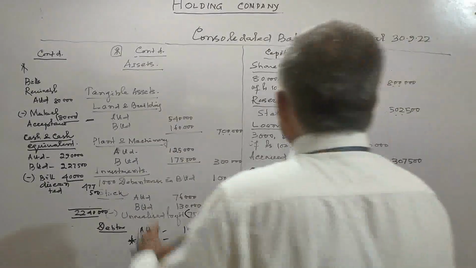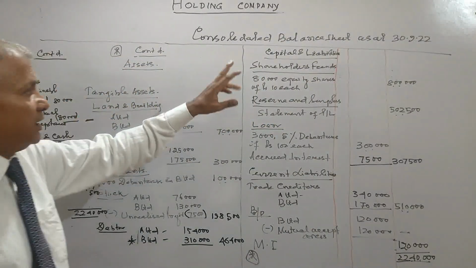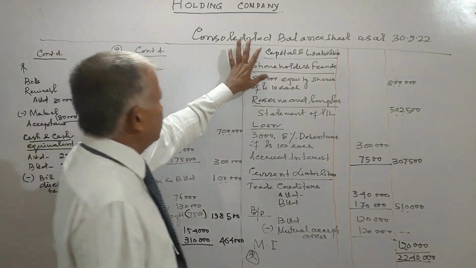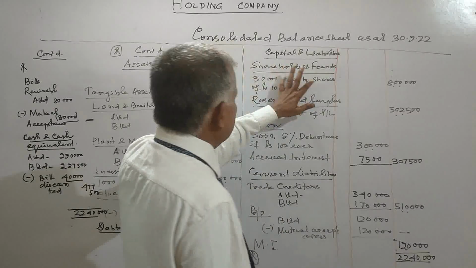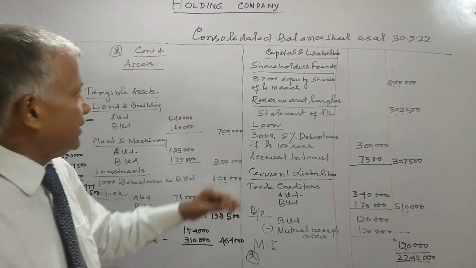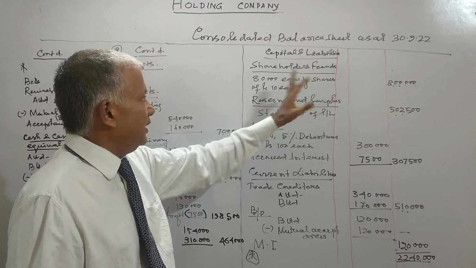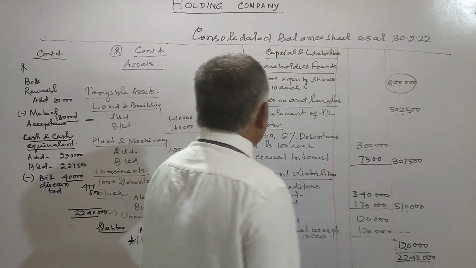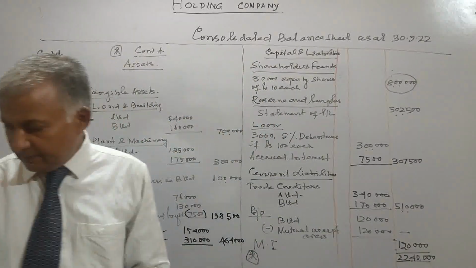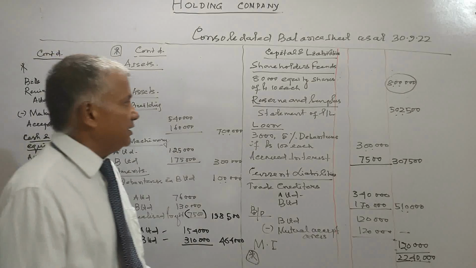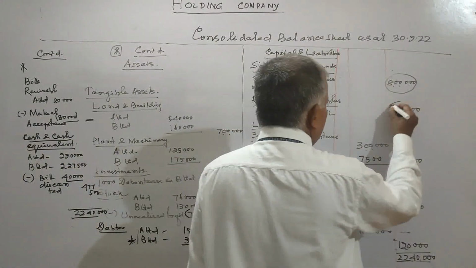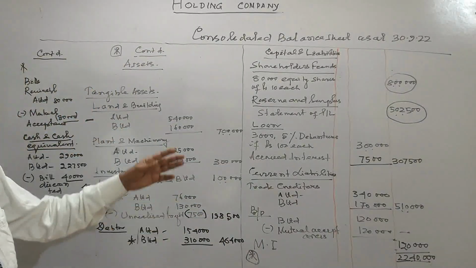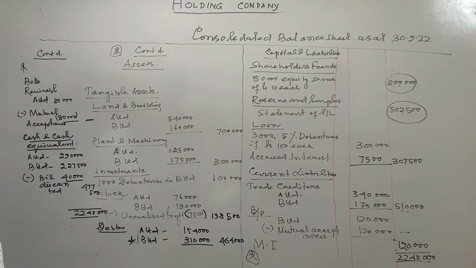So this is the consolidated balance sheet as on 30/9/2022, and let us start with capital and liabilities, shareholders' funds. We take the share capital of A Limited, the holding company, 8 lakh, and under reserves and surplus only one item, the statement of P&L, which has come from the fourth statement, 5,02,500.